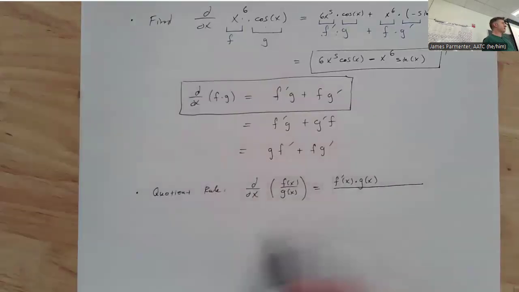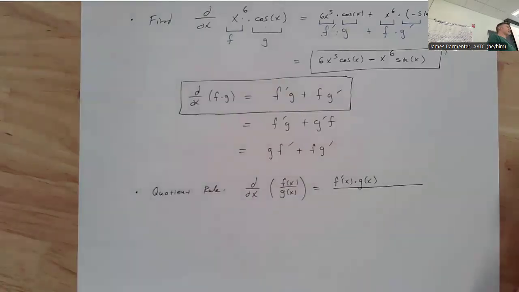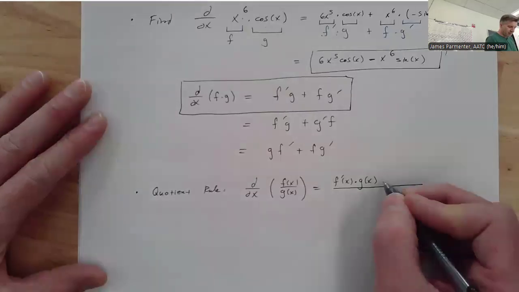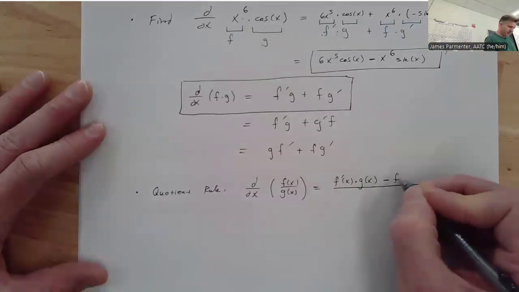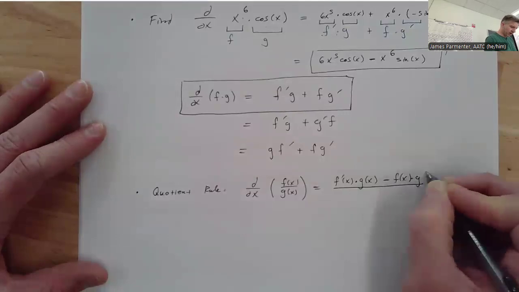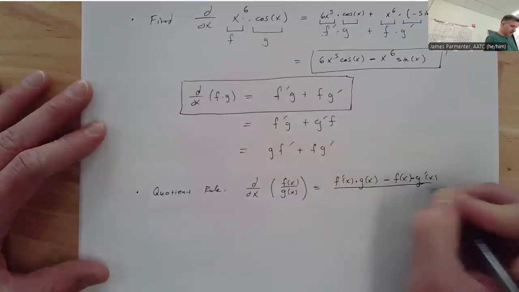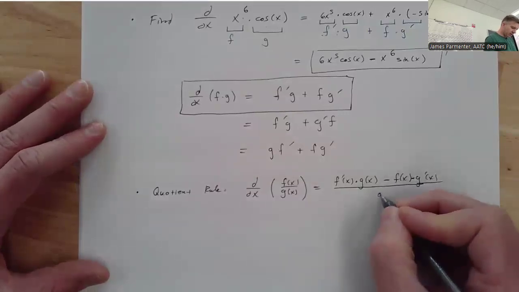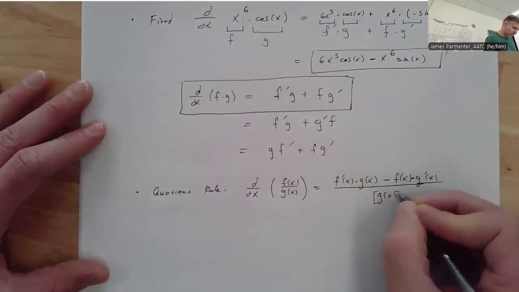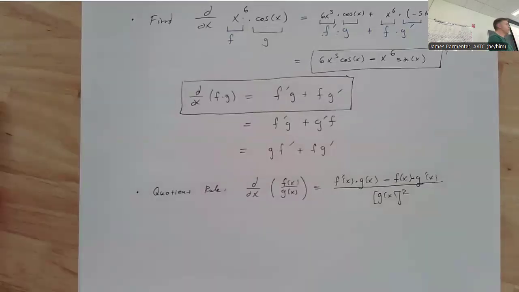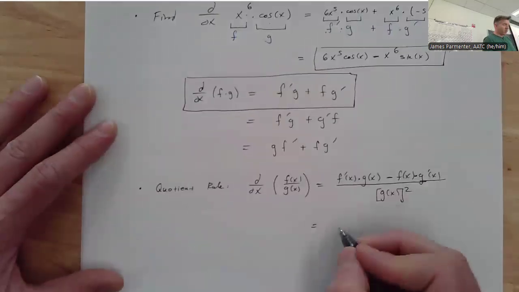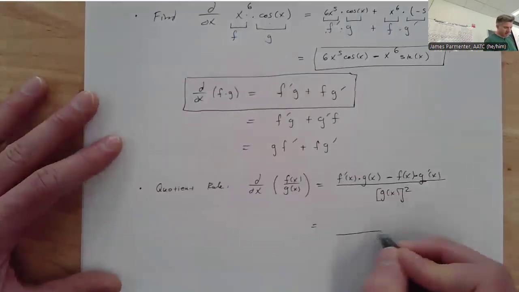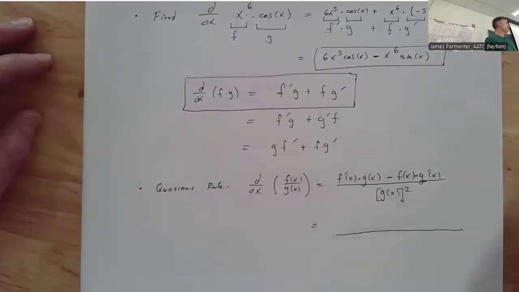People often leave off the x's here and just say f prime times g because it's more convenient to write it that way. So it's f prime of x times g of x minus f of x times g prime of x divided by g of x squared. Or as I will typically say, now notice here that when I say this, it's going to be slightly out of order.